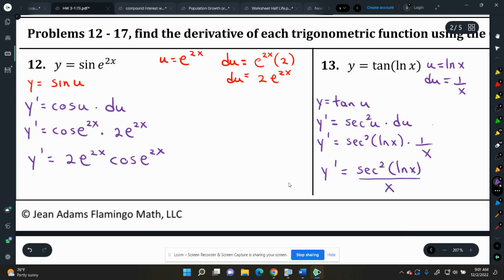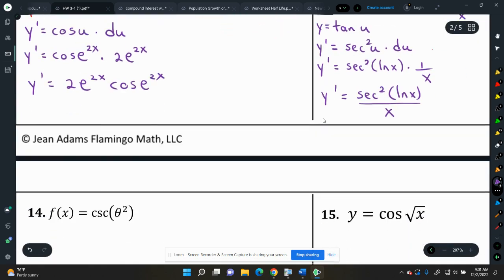So the u substitution works really, really well with the trig functions. For homework, I would like you to do 14 to 17. Homework is numbers 14 to 17.